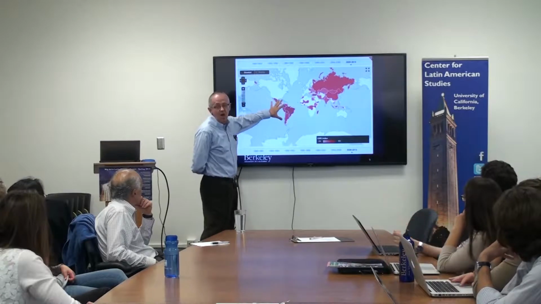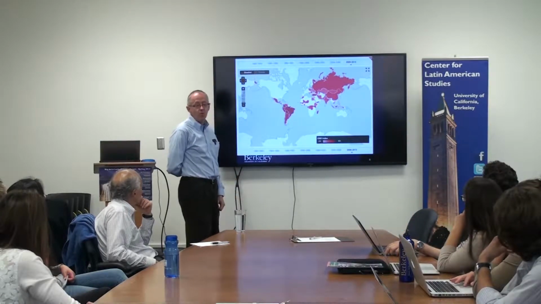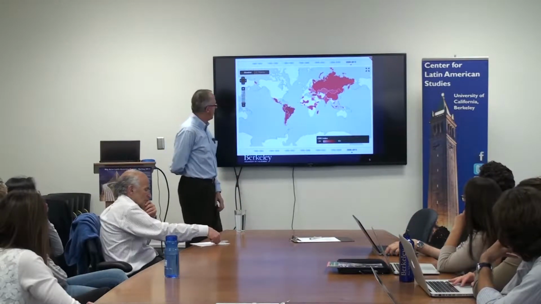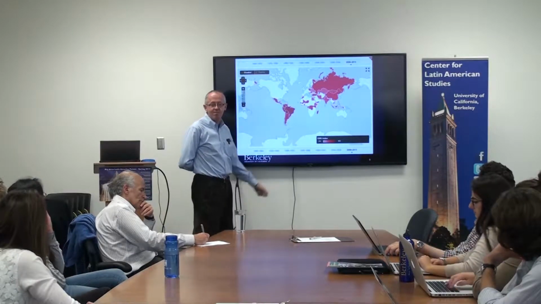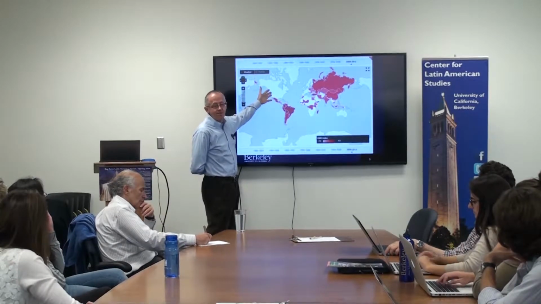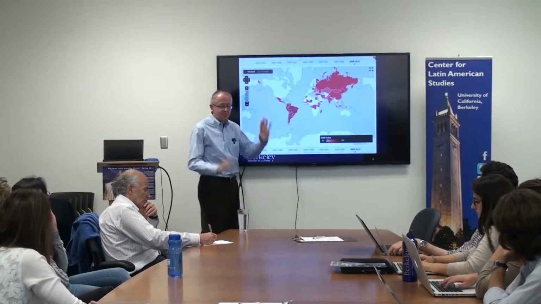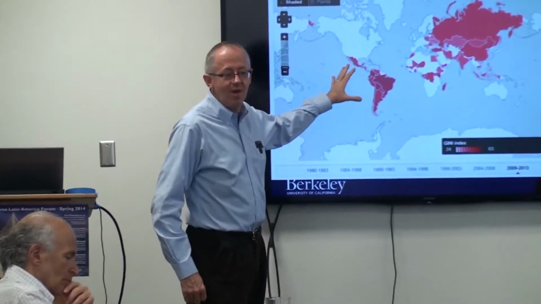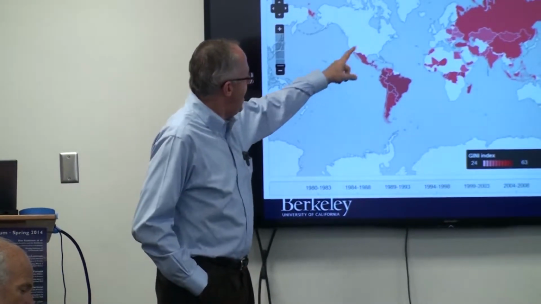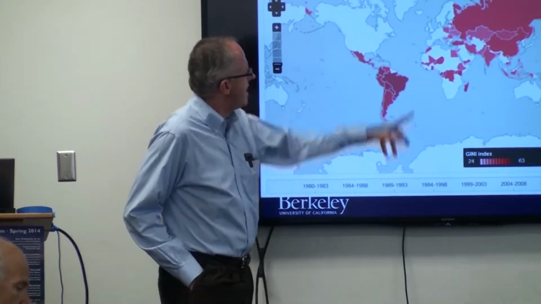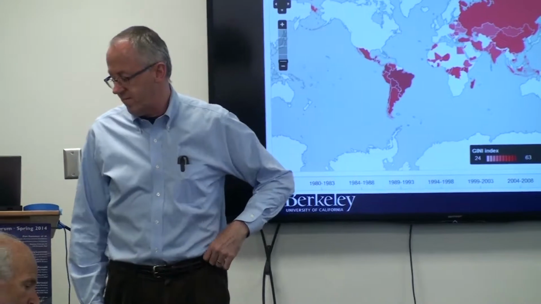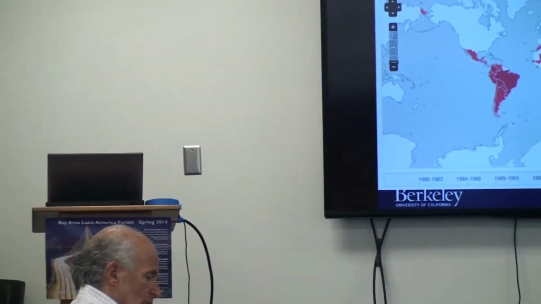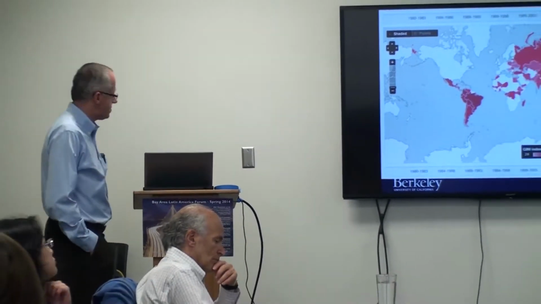But Latin America is a hotbed of inequality. And within the high-income countries, the US is bright red, right? So we're the worst of the high-income countries, with the exception of a few states in the Arabian Peninsula or something, but of the big economies. And Latin America is a hotbed. I mean, South Africa and Brazil go back and forth for who of the important economies is the most unequal.